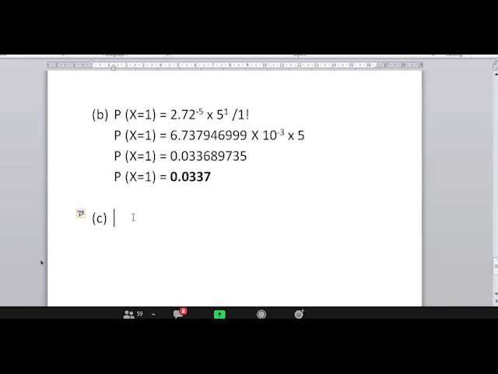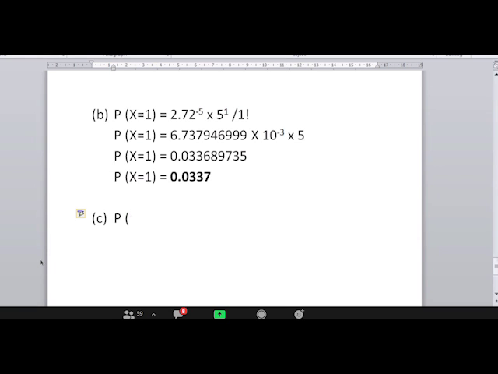Okay, so since we know the probability of x is equal to 0 and that of probability x is equal to 1, we should subtract those from the entire probability, which is probability of 1.